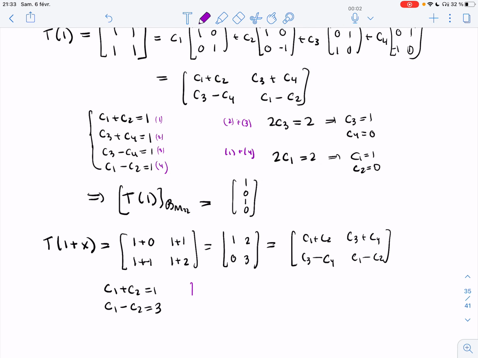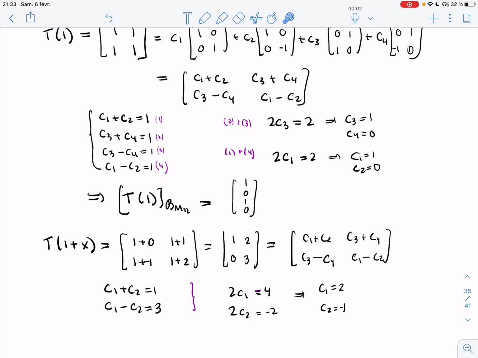So from this, I add them and I get that 2C1 is 4, and if I subtract them, I get that 2C2 is minus 2, and so I get C1 is 2, C2 is minus 1.